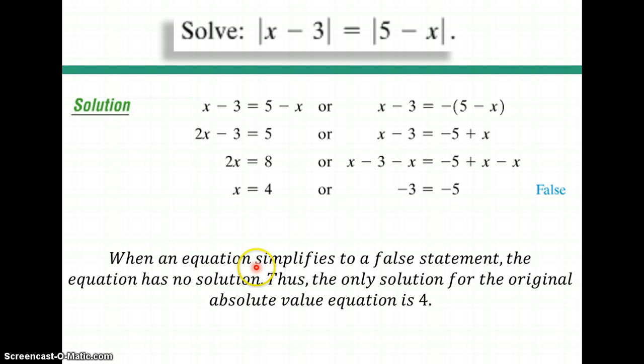When an equation simplifies to a false statement, the equation has no solution. Thus the second equation has no solution because it simplifies to a false statement. So the solution for the absolute value equation is x equal to 4.